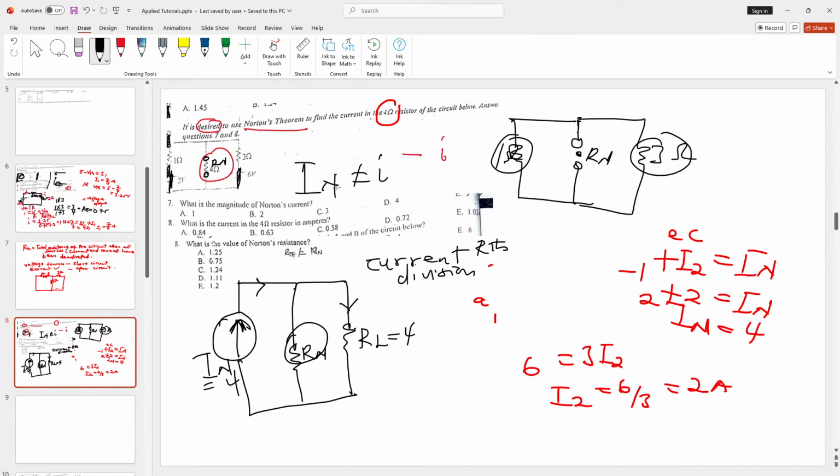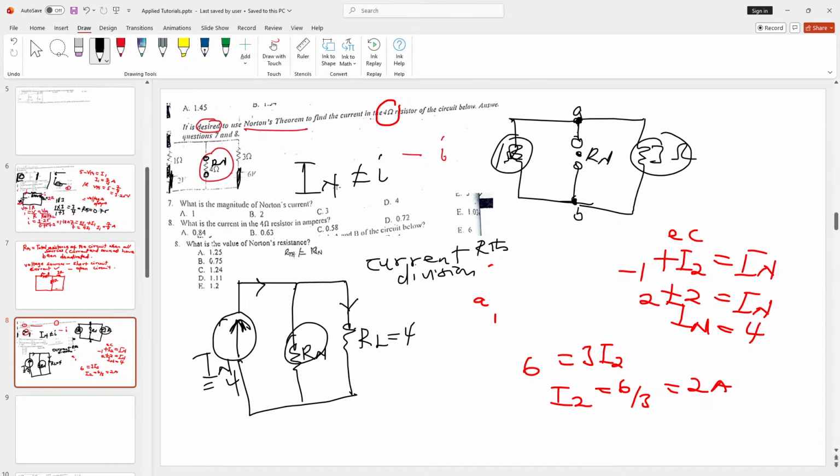How do we find the equivalent resistance? We can see that this 3 here and this 1 here are both connected to these two nodes, A and B. And also I can traverse them without passing through any other element.